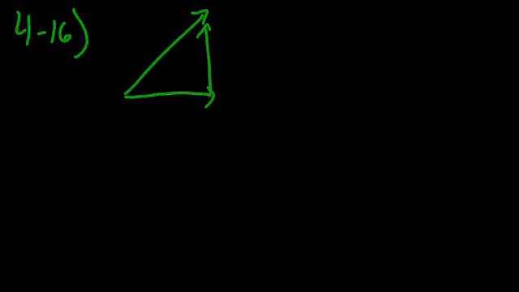All right, and then the last problem that I'll go over is 416. This is similar to what we were doing in class today with complex numbers, but we're just doing it in vector form. So we have a triangle. This is what we're given, right? This is the vector V, and we have an angle, and VL, the voltage across the inductance, is 15 volts.